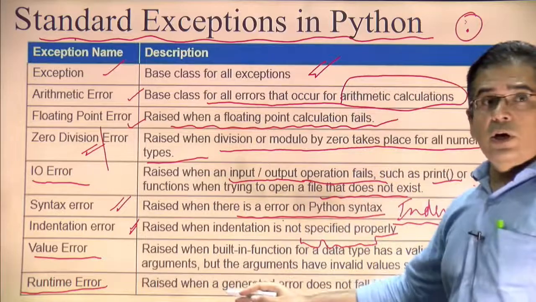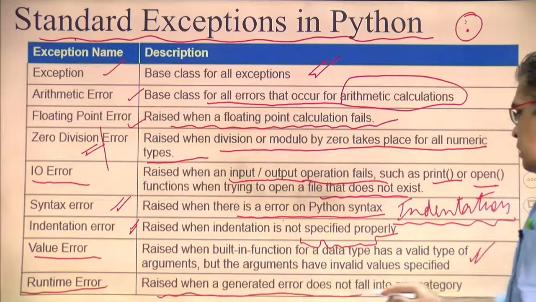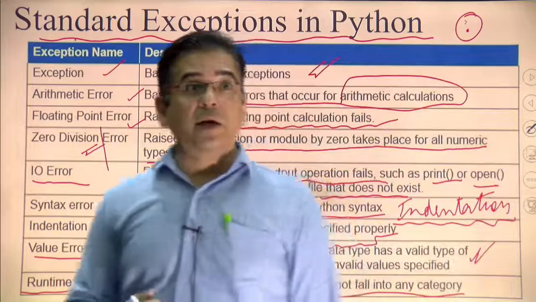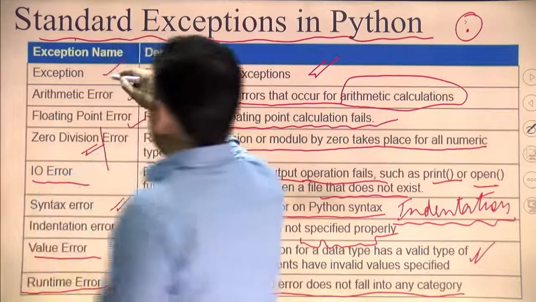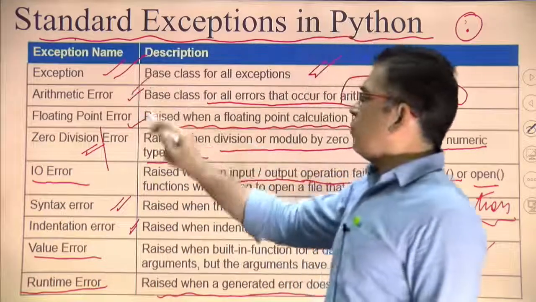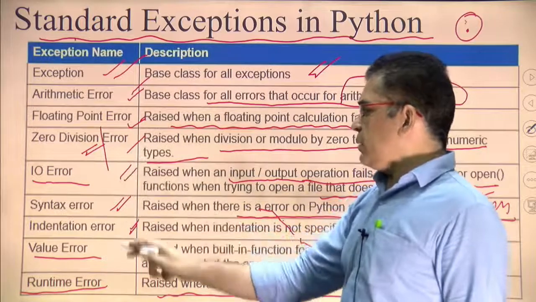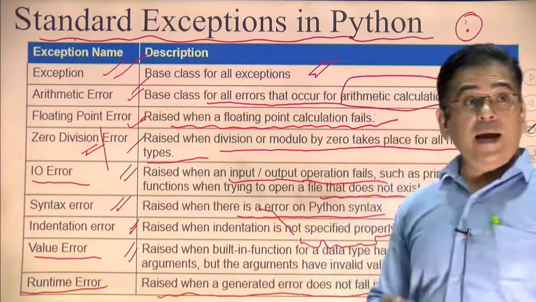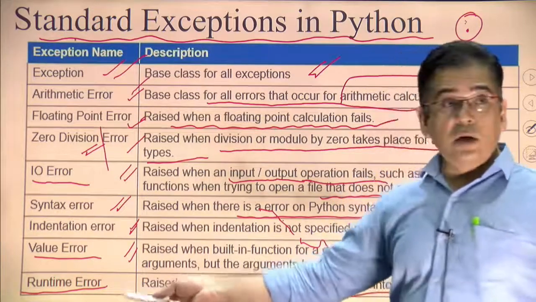The last one is your runtime error. The runtime error is raised when a generated error does not fall into any category. If an unexpected case arises, and your error does not come under exception, arithmetic error, floating point error, zero division error, IO error, syntax error, indentation error, or value error, then that kind of unexpected error comes under runtime error.